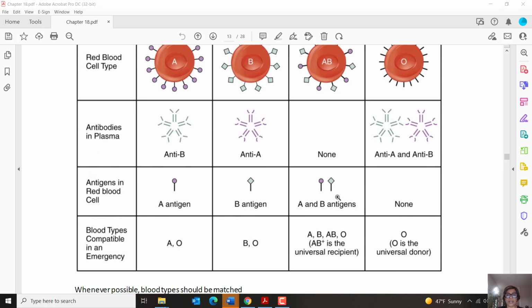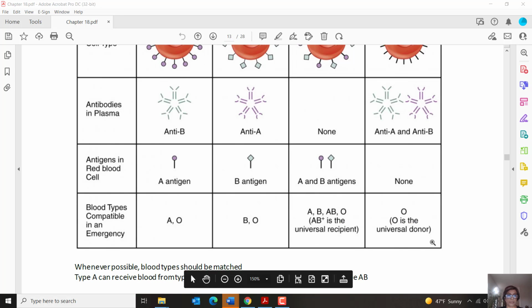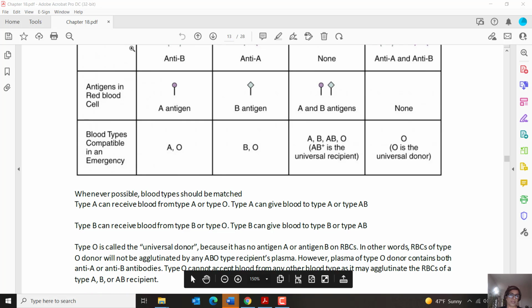So A antigen, B antigen, AB antigens, and none, and then they're compatible with, right? They can get blood from A and O. This can get blood from B and O, and this one can get from anybody, and this one is the universal donor. So this is a quick table that I really like.